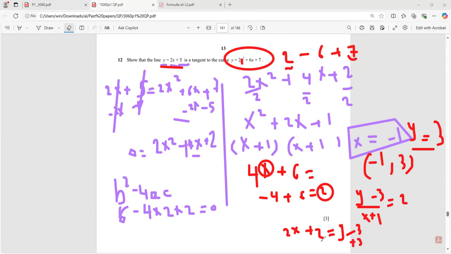Which gives us 2x plus 5 equals y. And we proved it. So 2x plus 5 equals y is tangent to the curve. Okay. Let's see the next.